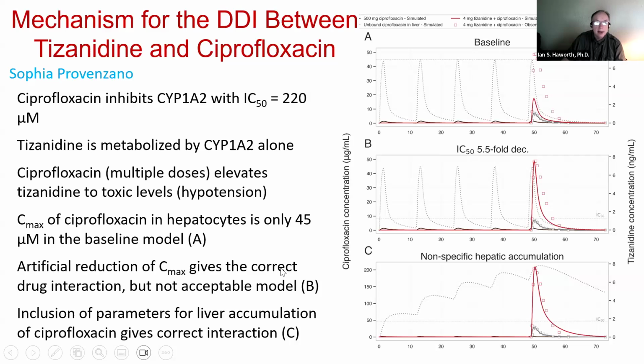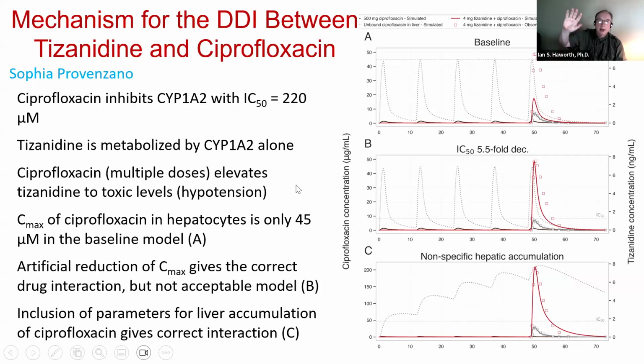because it's not correct. What we see, though, and there's good experimental evidence for this, is that actually over time, ciprofloxacin does accumulate in the liver. And when you add that to the model, you see this is the accumulation here, and you then get the correct curve for tizanidine in the presence of ciprofloxacin.